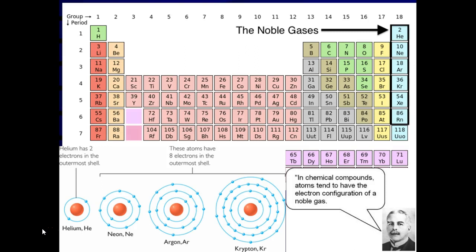They'll try to get their valence shells filled. And that's where chemical bonding comes from. It's the strategy of atoms of these different elements to become like a noble gas, to get their valence shells filled, to fulfill the octet rule.